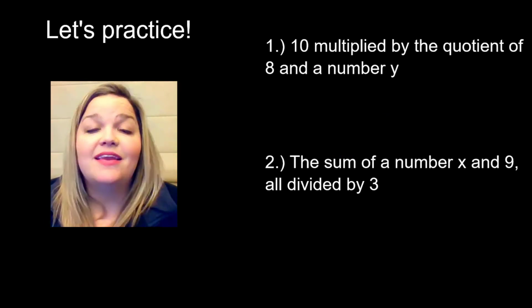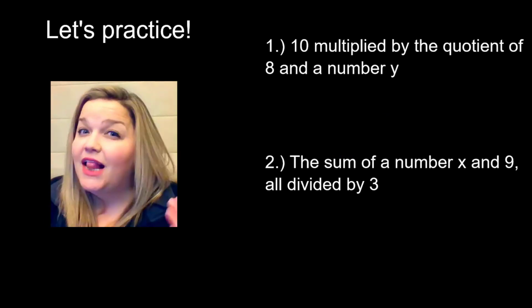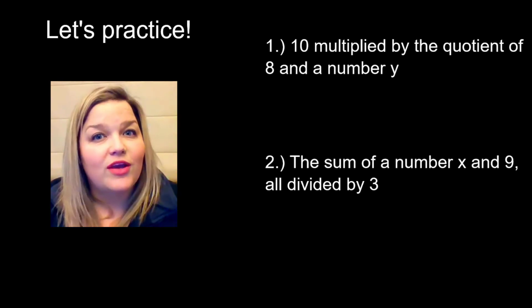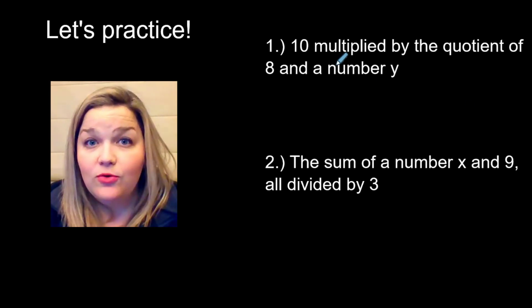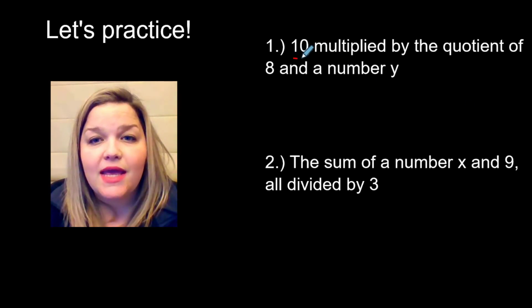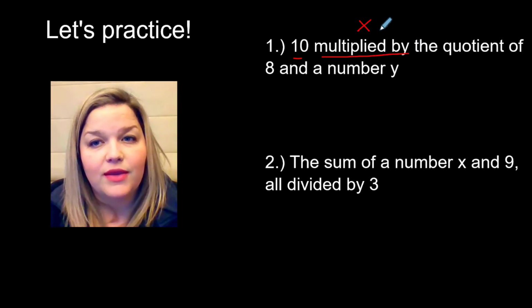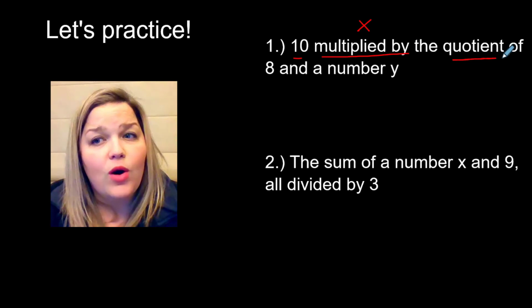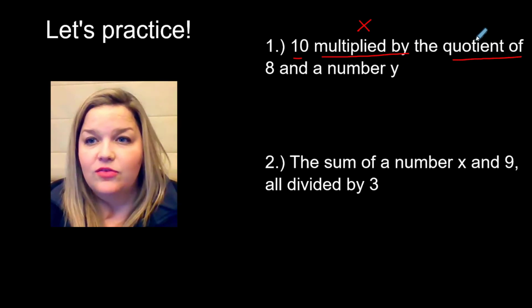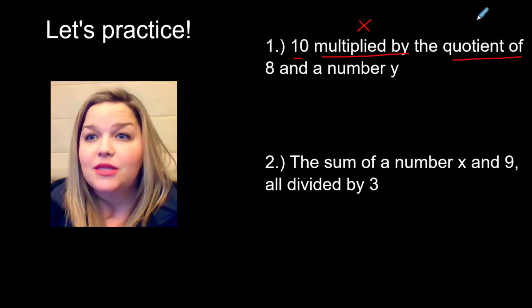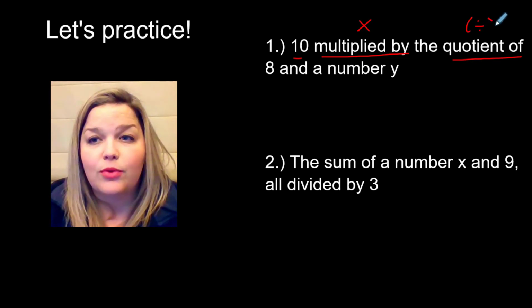Okay, that was a whole lot. Now let's try to put it into practice and see if we can make some sense of this by looking at some examples. This one says 10 multiplied by, which I know means multiplication, the quotient of. Quotient means the answer to a division problem.